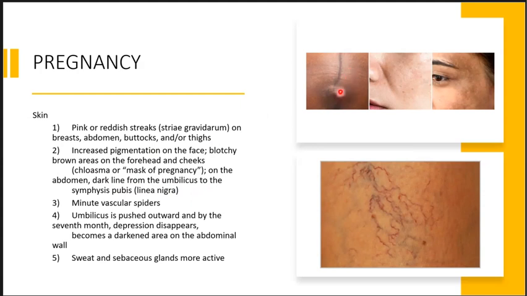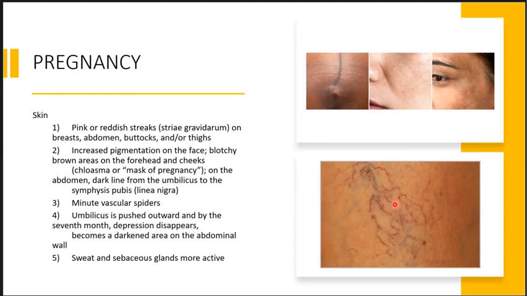These are linea nigra. You would also notice some minute vascular spiders. So these are our minute vascular spiders, or spider angioma, or spider telangiectasia. So this is it. This is a vascular lesion that contains red spots and reddish extensions which radiate outward like a spider's web.